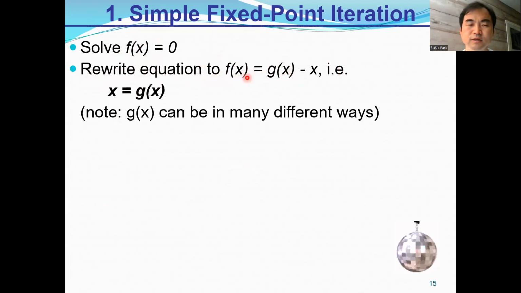In that case, solving f(x) equals 0 means g(x) minus x equals 0, so g(x) equals x. What does that mean? We have two different graphs: one is y equals g(x), and the other is y equals x, and their crossing point would be our desired root point.